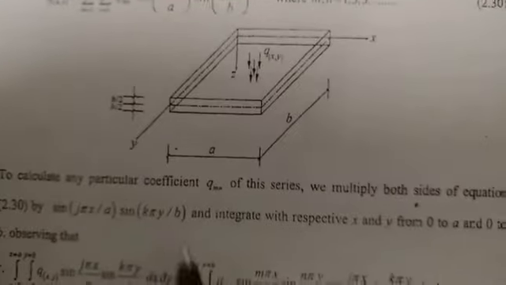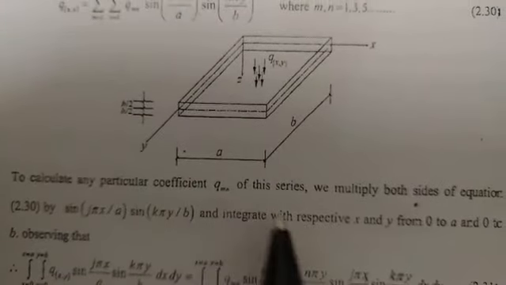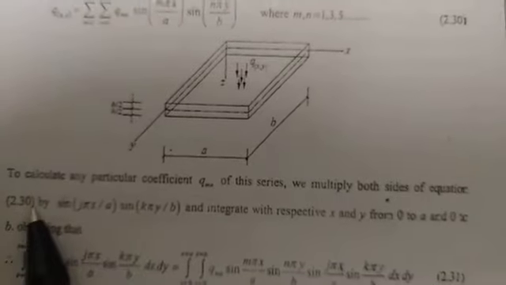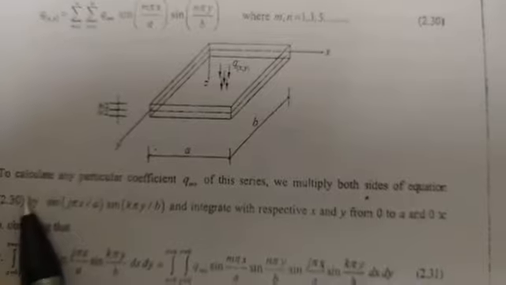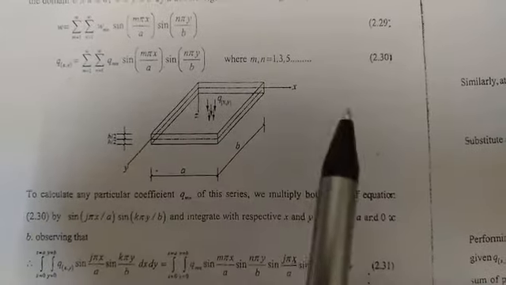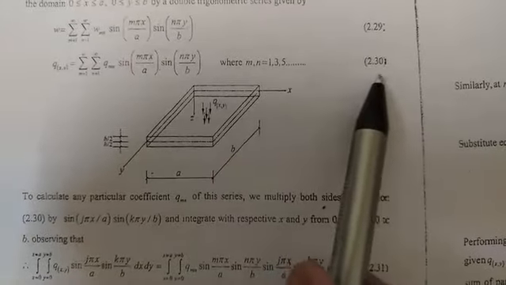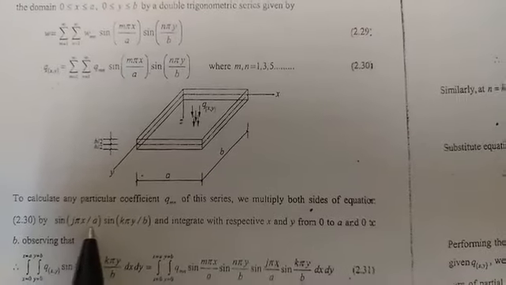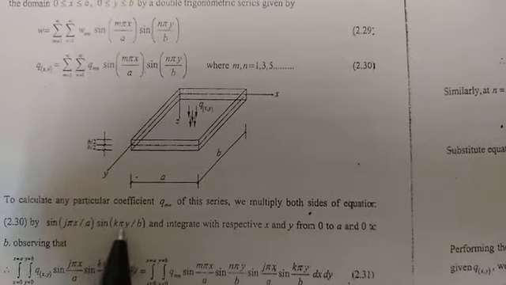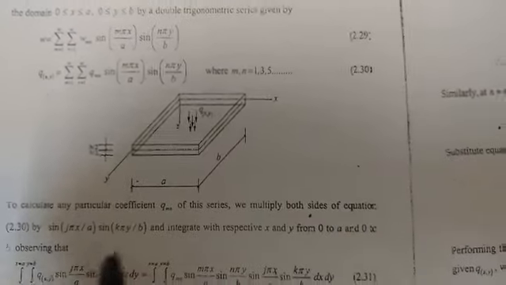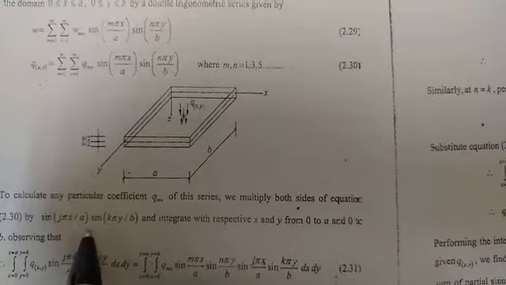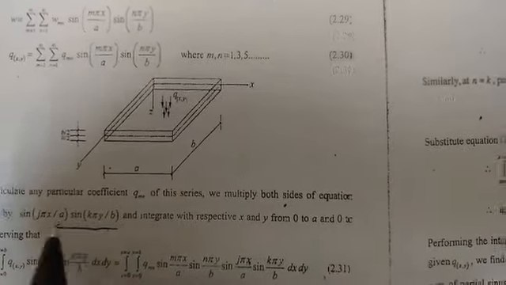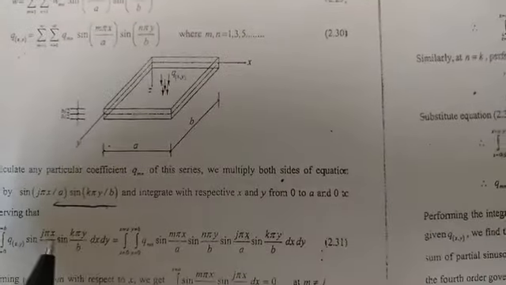Now to calculate any particular coefficient q mn of this series, we multiply both sides of the equation by sin j pi x by a and sin k pi y by b. So we have to do this adjustment. You have to remember this. There is no alternative for this. This is the adjustment done in order to get the required solution.